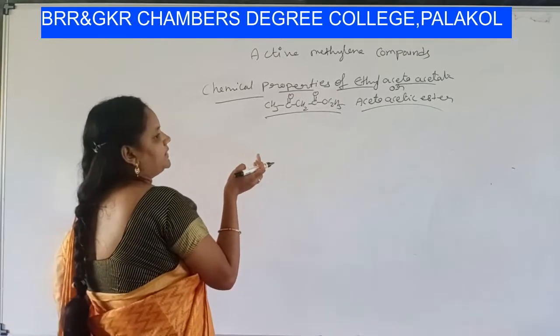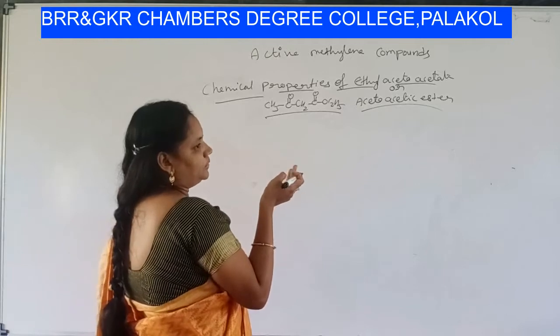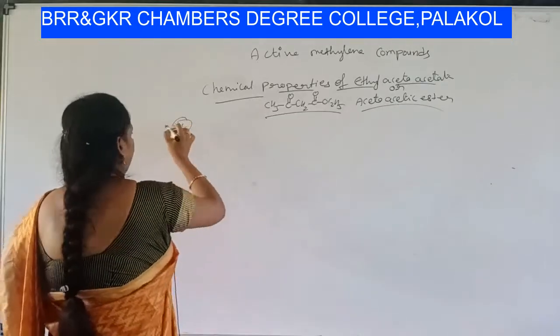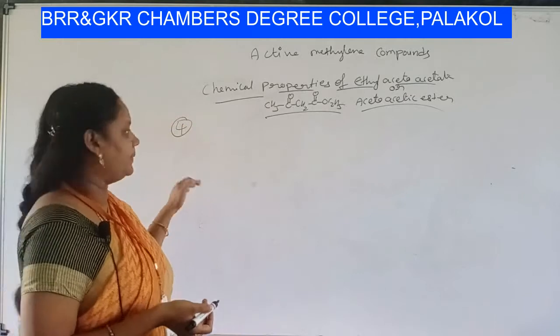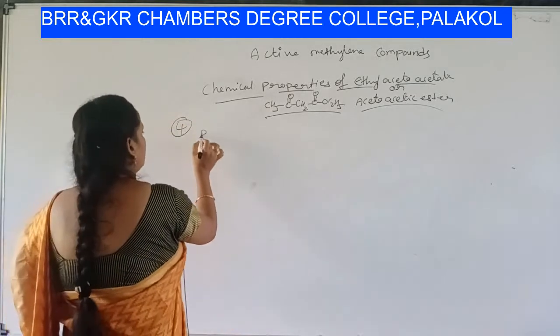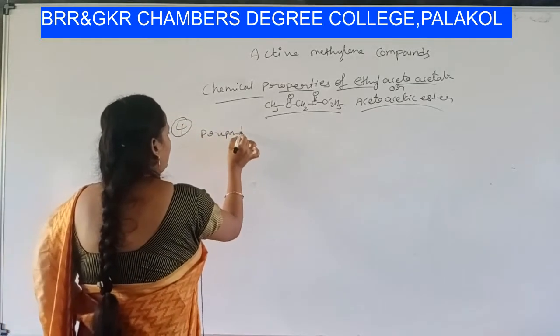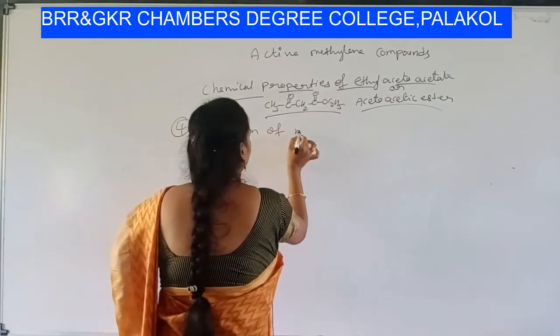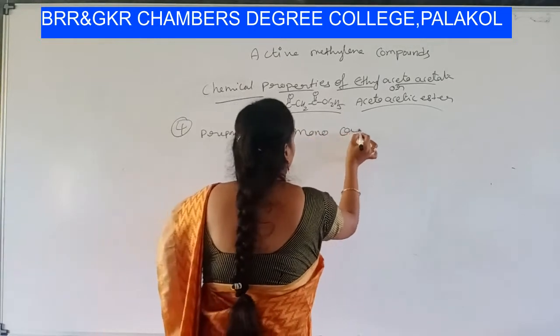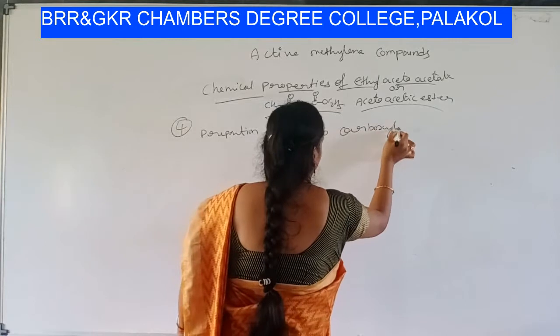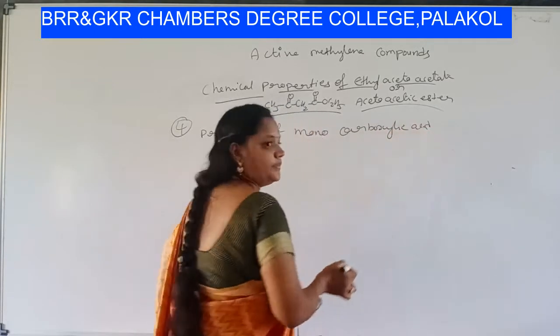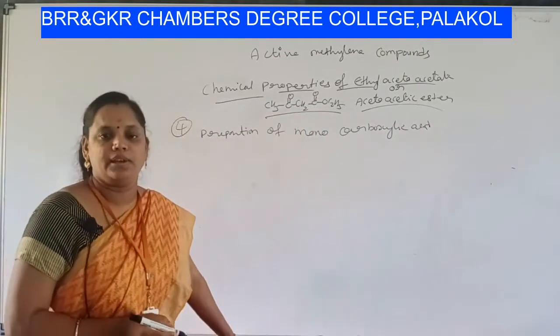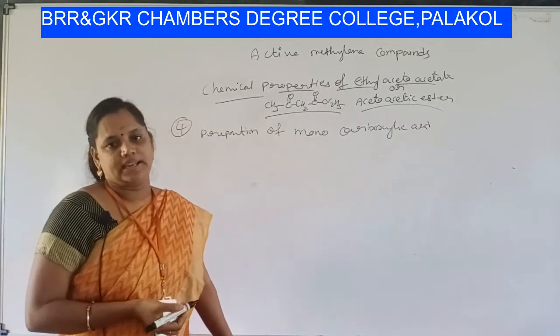It is 2 or 3 students, 4, I hope it is 4. If I give a wrong number, don't mind. Okay. Preparation of monocarboxylic acid. In this property, we will prepare monocarboxylic acid.